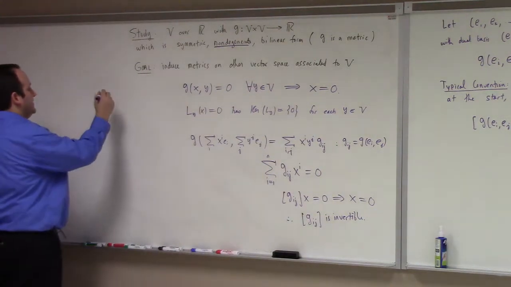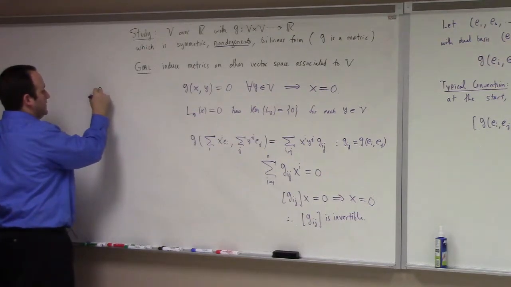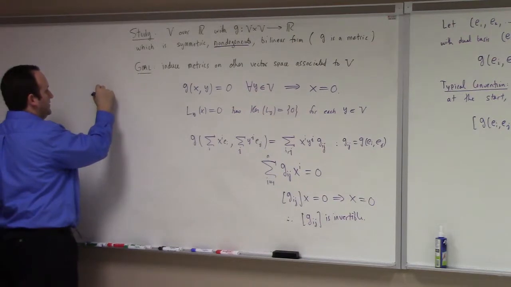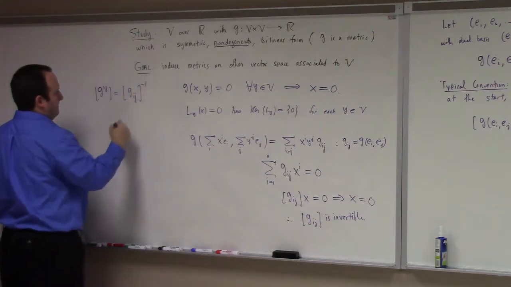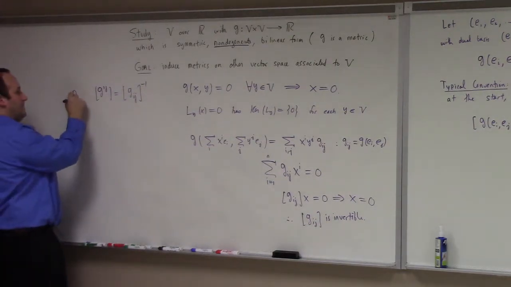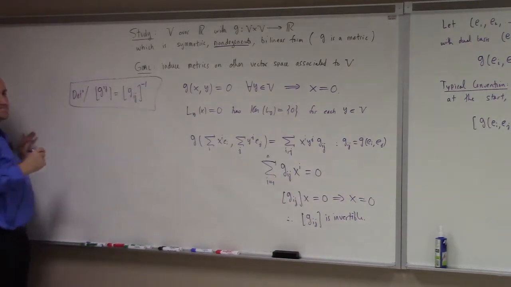So a little bit of notation then. We define the inverse to be g^ij, equal to the matrix inverse of this one. So what does that mean?